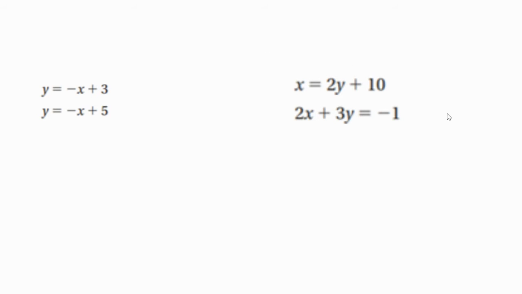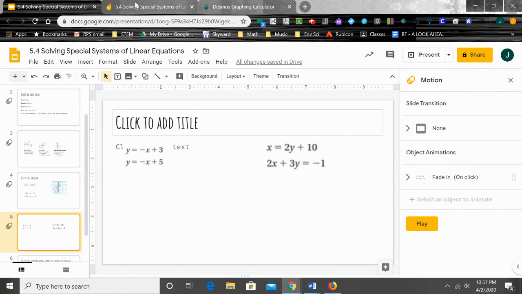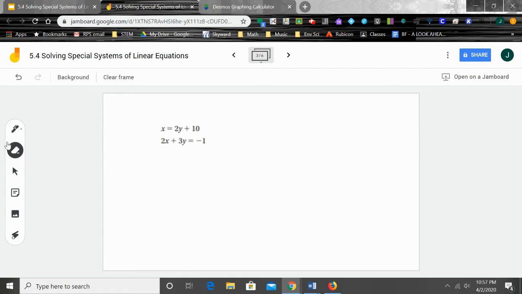Looking at something like this, obviously we're going to use substitution, because it tells us what x is. So let's come here and solve this one. We're just going to substitute in for x here. We're going to put 2y plus 10 in here.